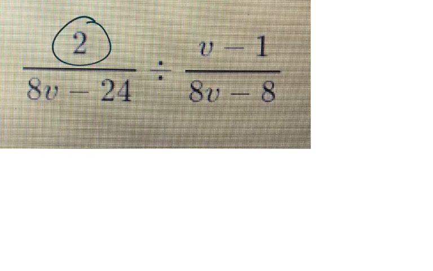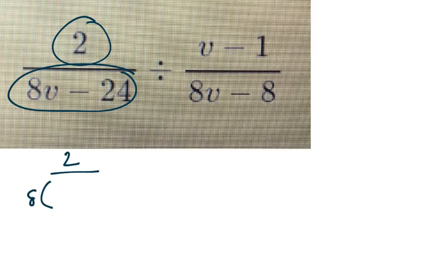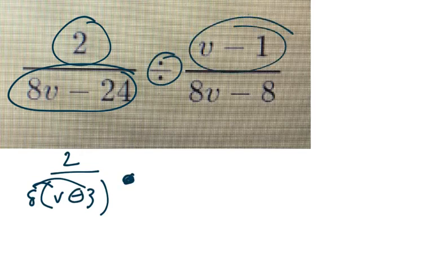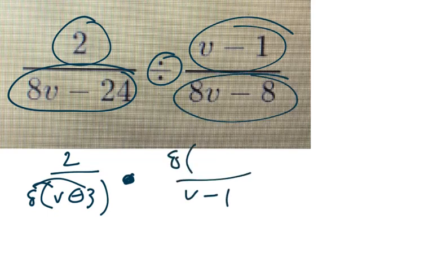We got a 2. Can't factor that. 8v minus 24. I can do a GCF of 8. So 8v minus 24. Notice the minus here this time. Divide means times. If I put this down here and this up here, now I'm going to GCF the 8. v times 8 is 8v.